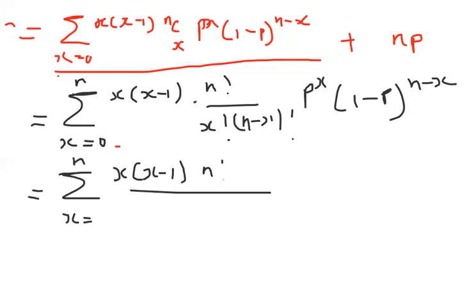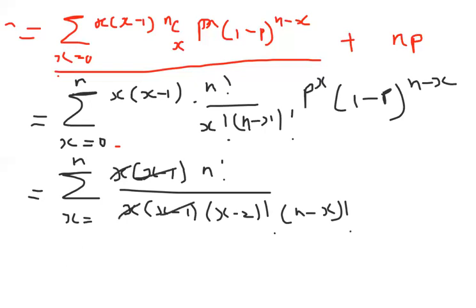X into bracket X minus 1, and then X minus 2 factorial multiplied by n minus X factorial. Okay. So this expression cancels this, and this cancels this. Now because this expression is starting from X minus 2, if you start this from X equals 0, it's going to give 0 minus 2 factorial, which is negative 2 factorial, which is invalid. So I start from 2, right?